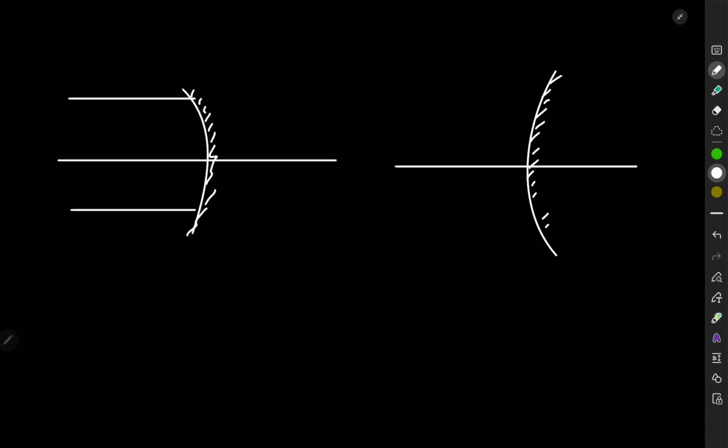Okay, if you incident a ray from infinity, it will converge at the focus. Or in other words, if there is a ray parallel to the principal axis, it will converge at the focus.